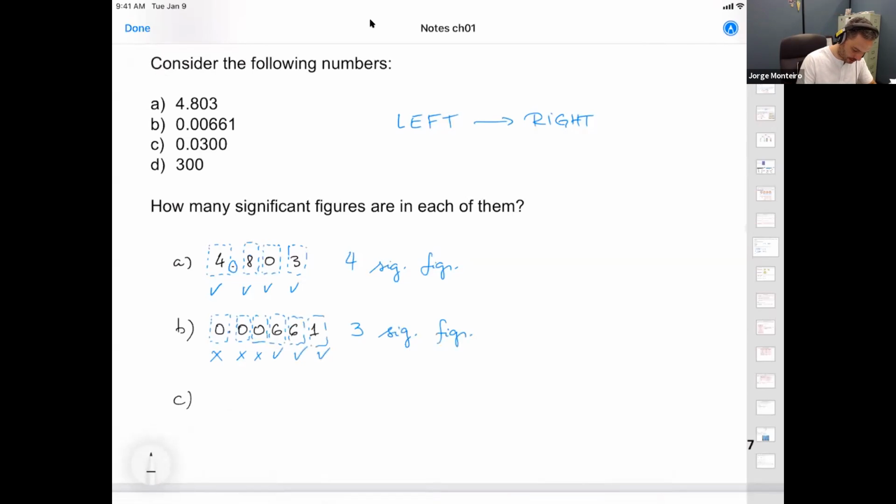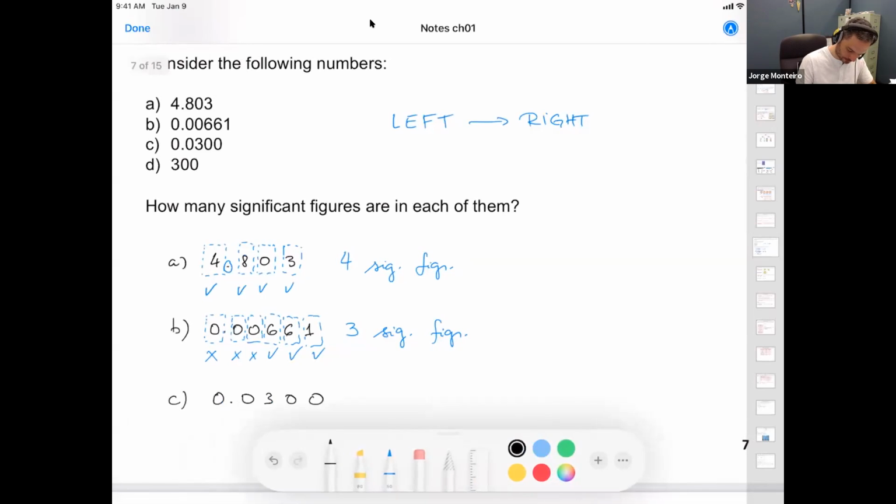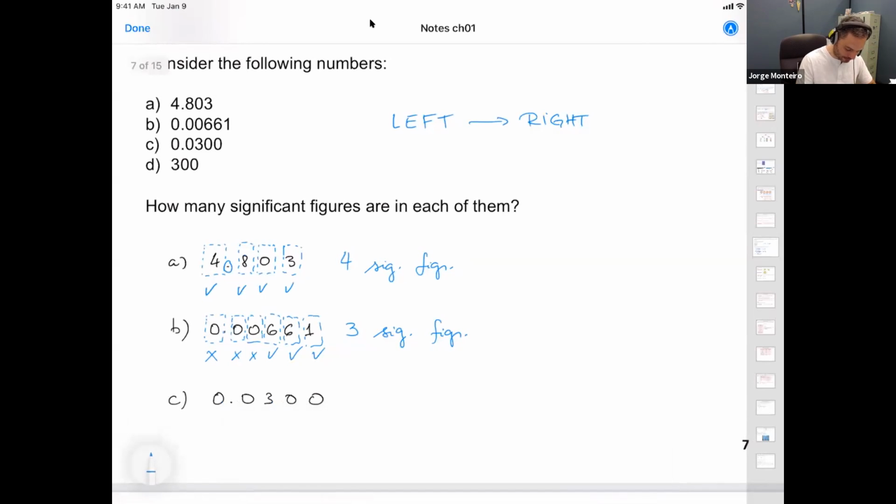And C, very similar, 0.0300. Always look left. 0, not significant. Another 0 here, not significant. 3, that's our first sig figure.